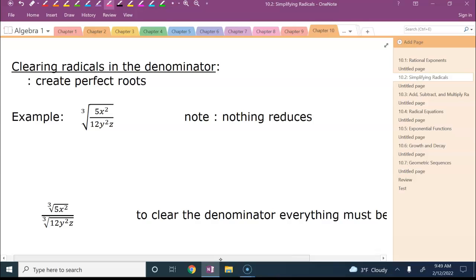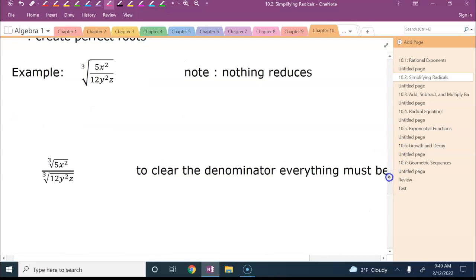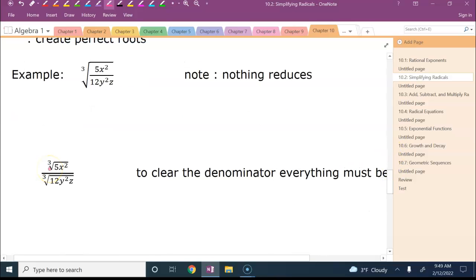So for example, I have this big cube root, and underneath it I have 5x squared all over 12y squared z. Now if I try to reduce stuff right now, nothing will reduce. I can't reduce the 5 and the 12 at all, and I don't have any common letters. So what I need to do is break this apart into 2 separate cube roots.